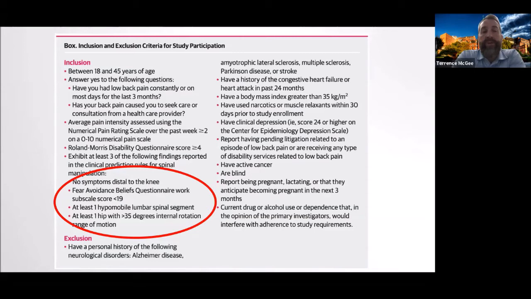So looking at a patient, these patients didn't have symptoms distal to the knee. Their FABQ score was less than 19. They had the presence of 1 hypomobile segment, and they were able to rule out hip pathology with this idea that hip internal range of motion was at least 35 degrees.